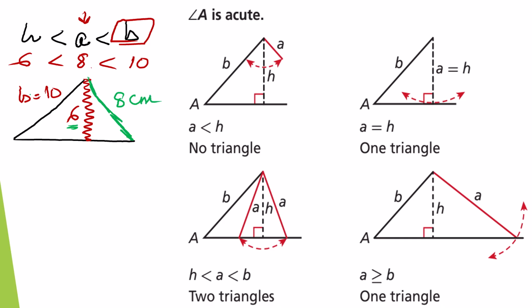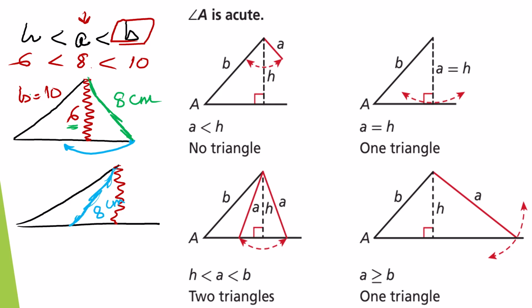I have another possibility also to make this triangle. Let's check which other possibility I'm talking about. I want 8 because I want to swing. So from here, I want you to swing it over here. Can you make the 8? Yes, you can easily create a line over here which is 8 centimeter.